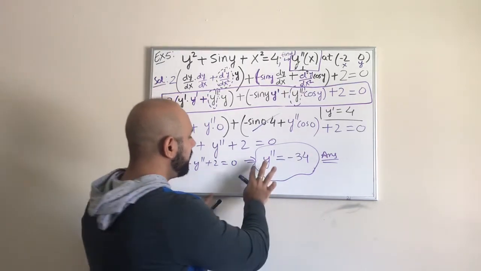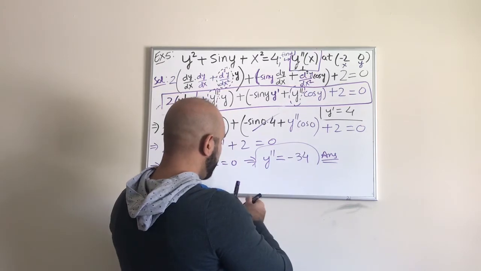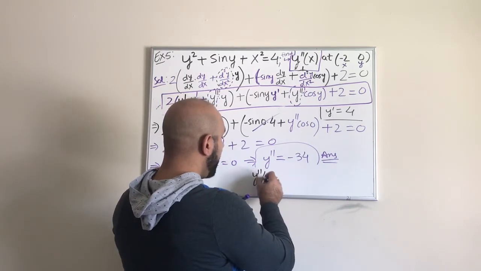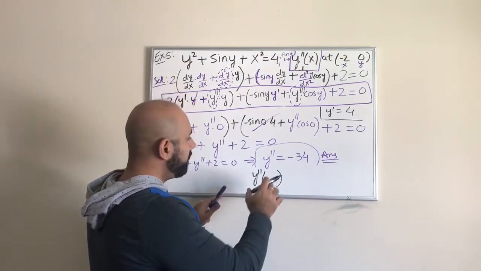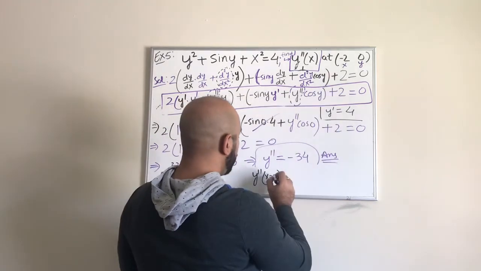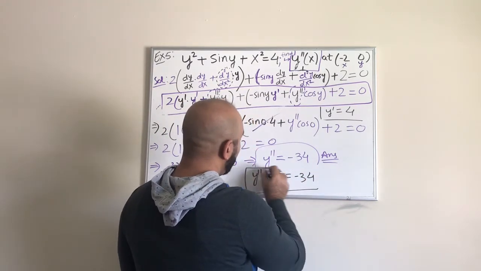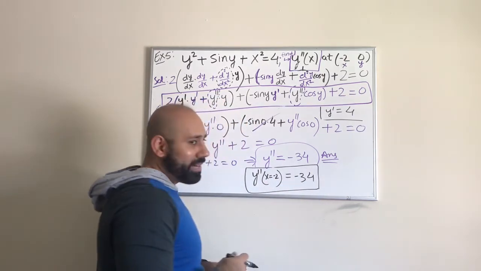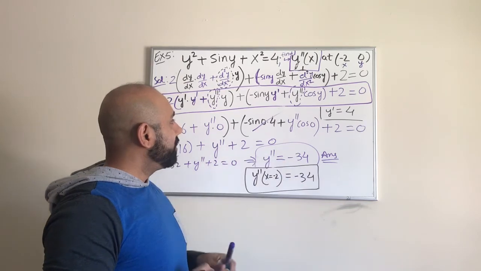If you want to write it in proper function notation, it is y double prime, because y is a function of x, and this is also a function of x. Y double prime at x equals negative 2 equals negative 34. This would be a proper, technical way of writing this final answer, but you can also leave it like this, negative 34.